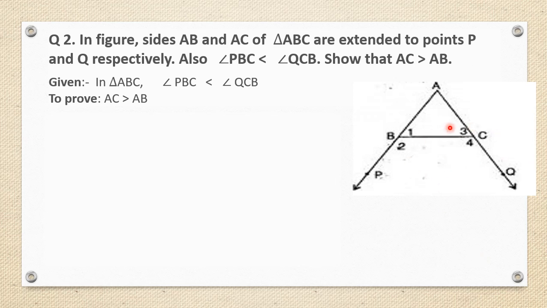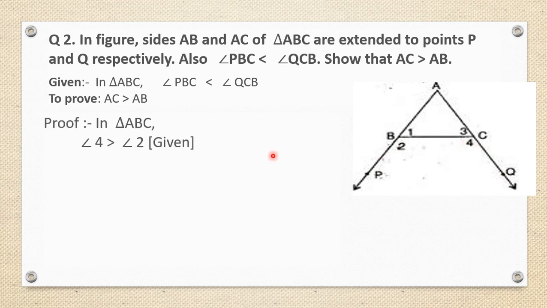Now, as in the figure, you can observe the angles are marked by 1, 2, 3 and 4. In this figure, we are given angle PBC, that is angle 2, is less than angle QCB, that is angle 4.